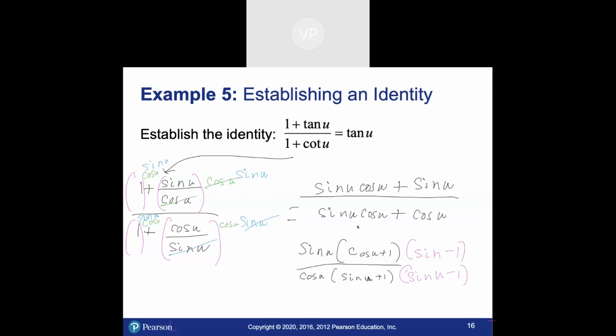Let's try on the bottom here. What we end up with on the top is a sine u, and then we get a cosine u plus 1. Let me leave it factored for now.